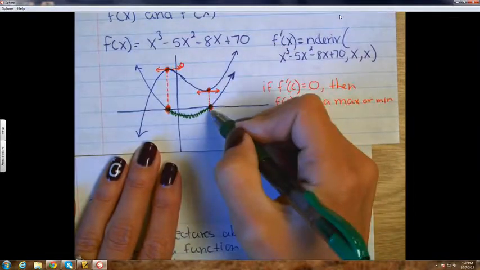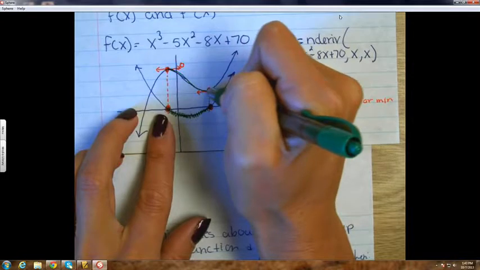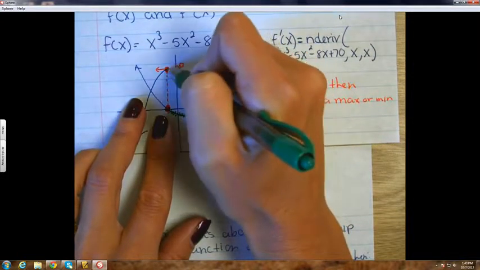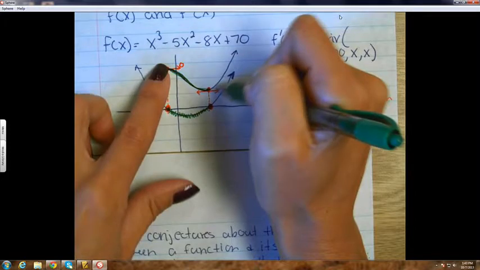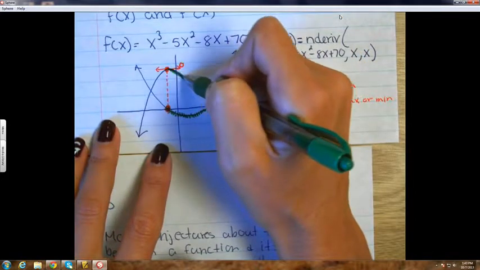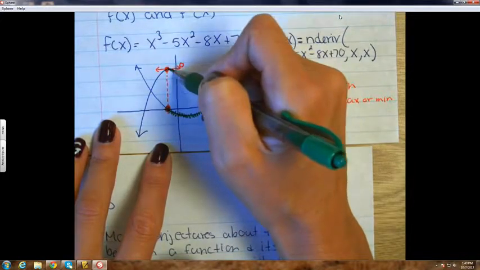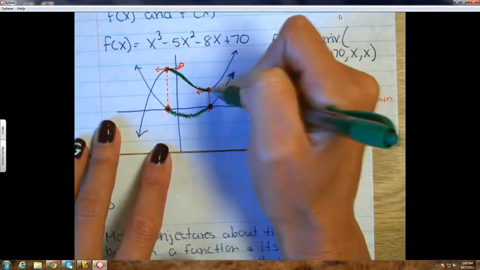Right in between those two zeros, that corresponds to this part of the graph. So what's happening on this part of the graph right here? That's not happening out here and out here. Hopefully you can tell me this part of the original graph is decreasing all the way through here. The y values keep getting smaller, smaller, smaller, smaller, smaller, until I reach this 0, then they keep going up.